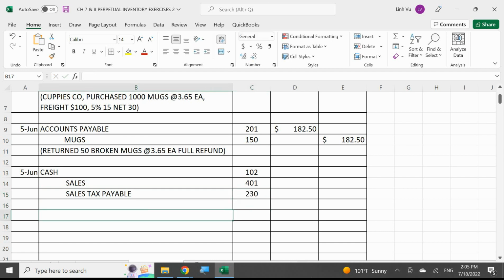Then we can recognize our cost of goods sold and adjust our inventory accordingly by taking whatever amount we sold out of my inventory. So cost of goods sold was 501, mugs was 150.